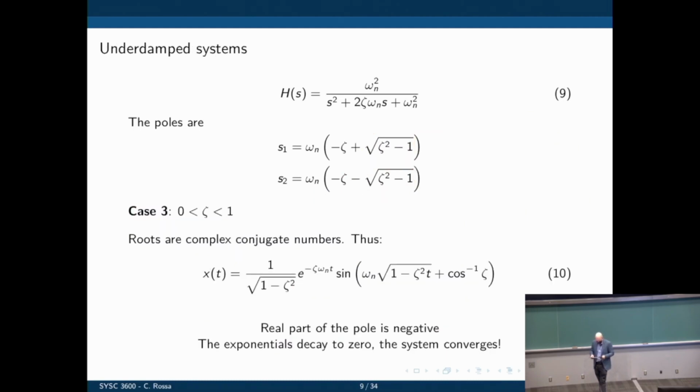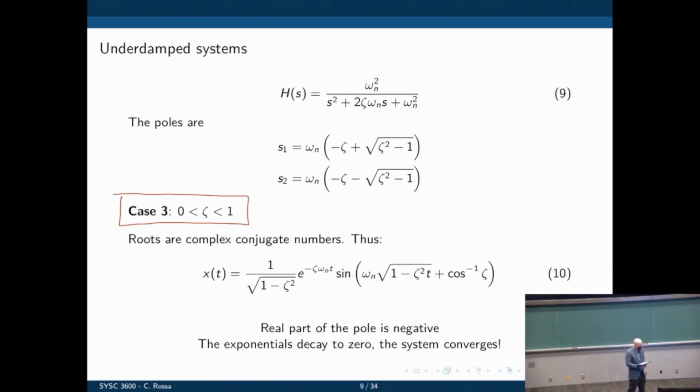And why am I calling that a critical point? Well, it is critical because if we keep decreasing the damping ratio further, we are now starting to see oscillations. And we can see that from the equation. Let's go back to our equation here. This is case number 3. Now the damping ratio is smaller than 1.